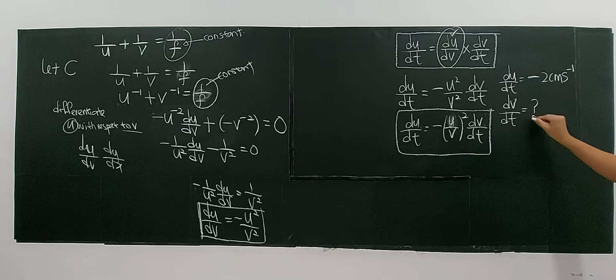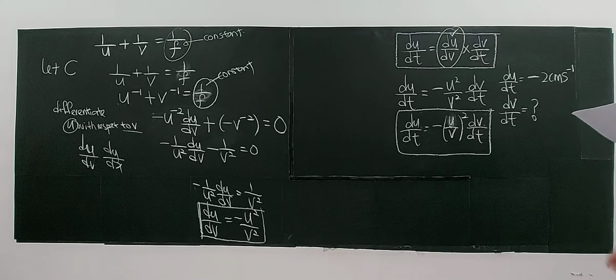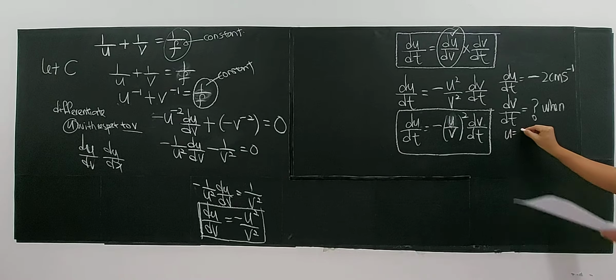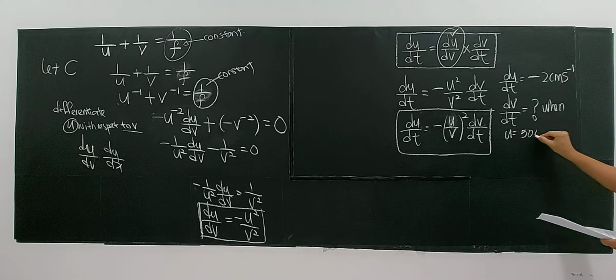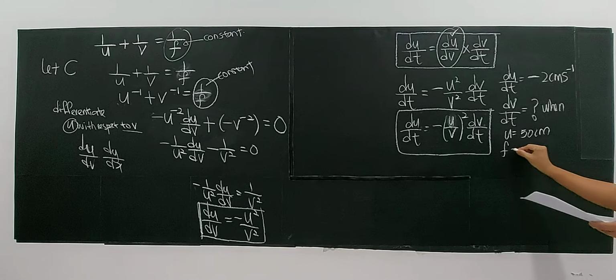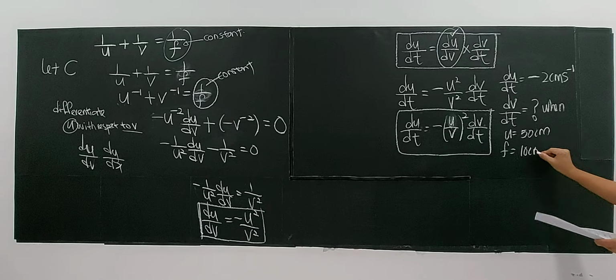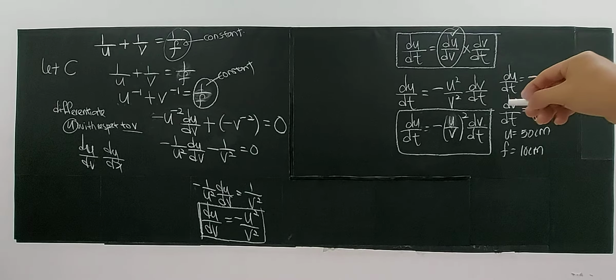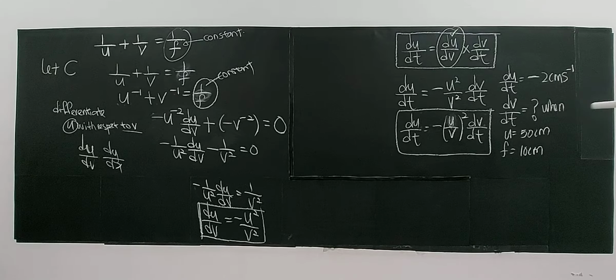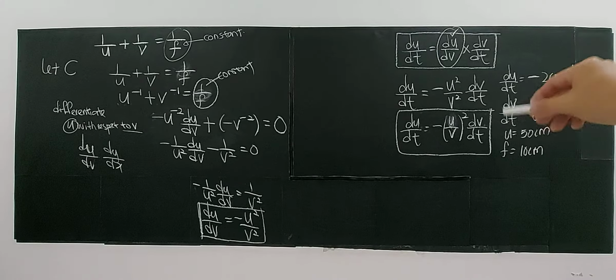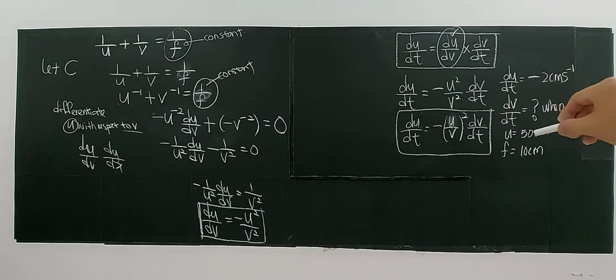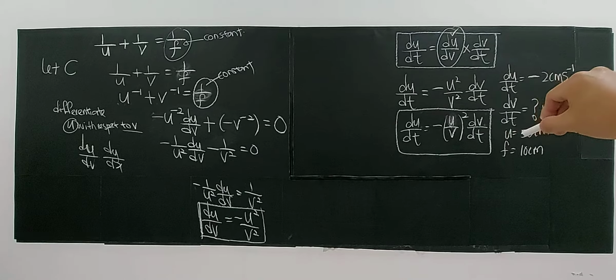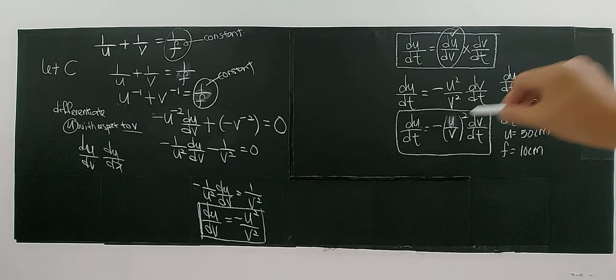So I don't know what it is, but at the time u is 50 cm and the focal length is 10 cm. So given u and f, this is all the information given. You want to find dv dt, and you are given u and f. To find dv dt, you need the value of u and the value of du dt, negative 2.